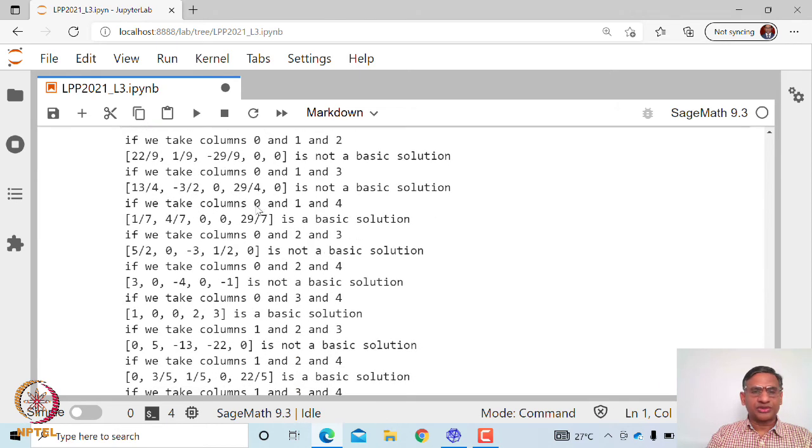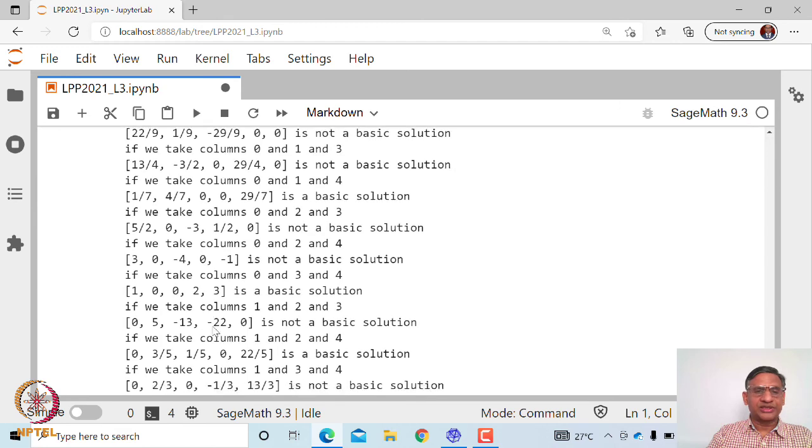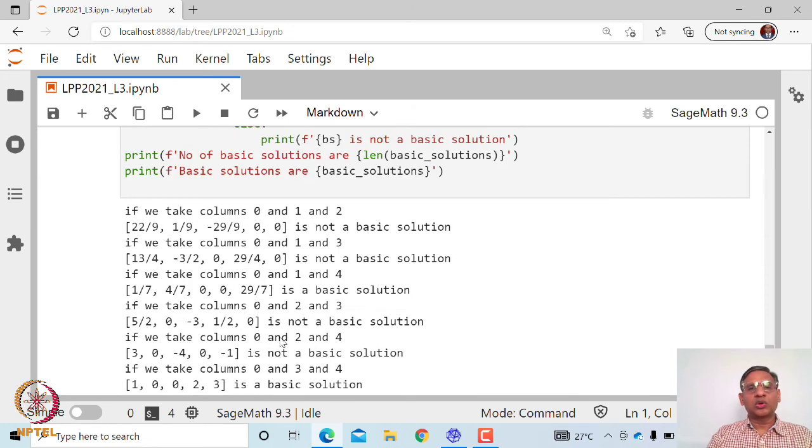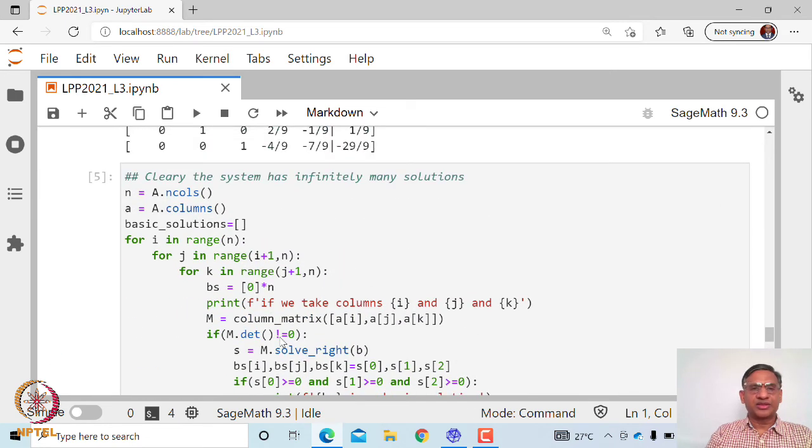If I take first column, second column and fifth column, then this is a basic feasible solution, and similarly the other things. So if you look at this, there are four basic feasible solutions in this case, 1, 2, 3 and 4. So we have obtained all basic feasible solutions in this case.